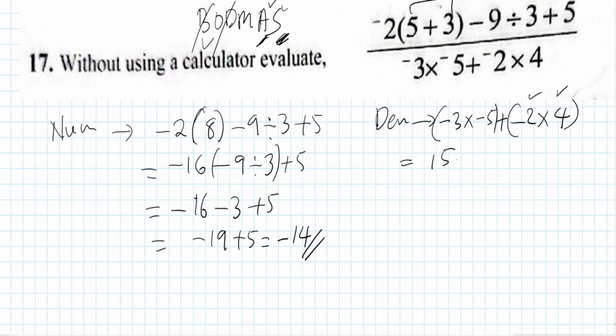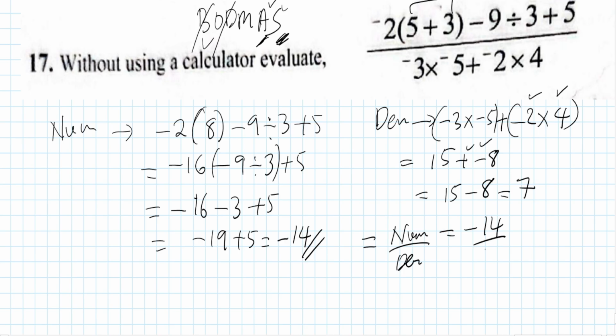Minus 2 times 4 is minus 8. 15 plus minus 8 is 15 minus 8, positive and negative becomes negative, so that is 7. Now, finally, numerator divided by denominator. Negative 14 divided by 7 will give you negative 2 as our final answer.